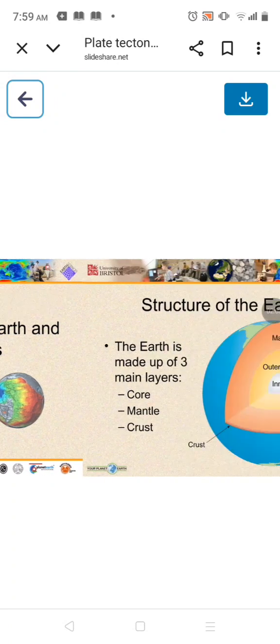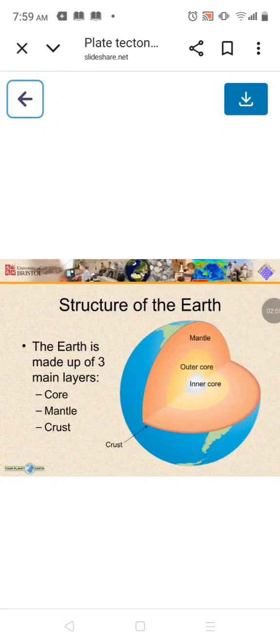the structure of the earth is just like this internal structure of the cell, which consists of the cell and then inner surface, then nucleus. So the same animal or plant cell, which consists of a nucleus, that structure is similar to the internal structure of earth.